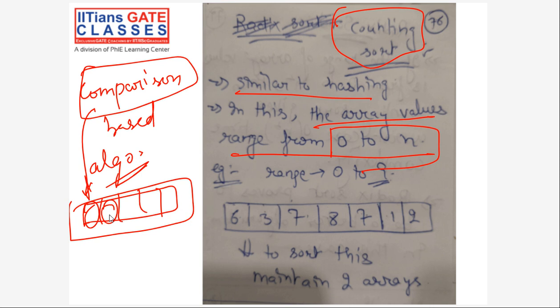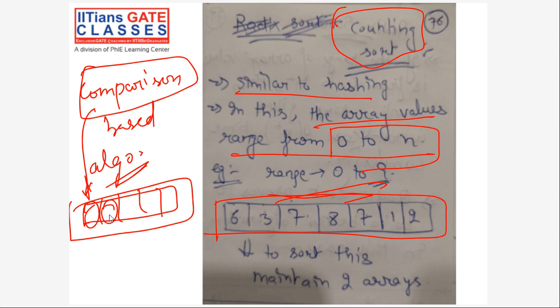So n is two things: the maximum value that can be there in the array, and the number of elements in the whole array. If n is equal to 9, all the elements should be between 0 to 9.